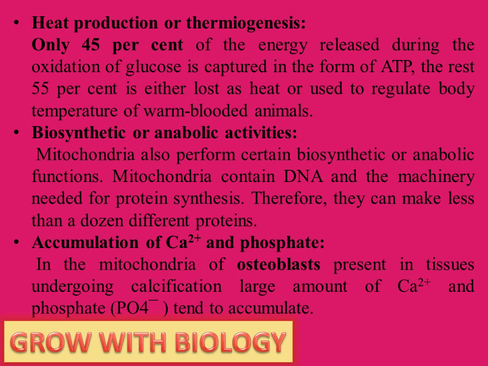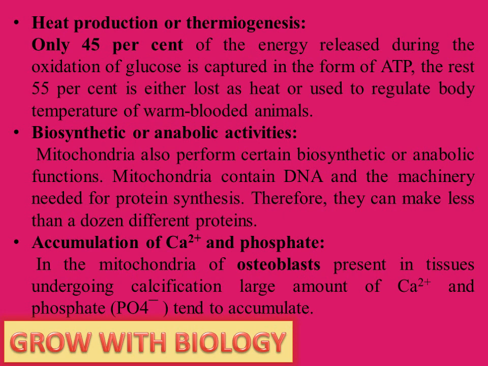Heat production or thermogenesis: 45% of the energy which is released during oxidation of glucose is captured in the form of ATP, and 55% is either lost or used to generate heat.